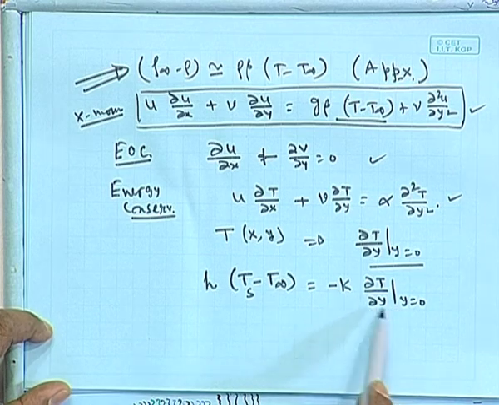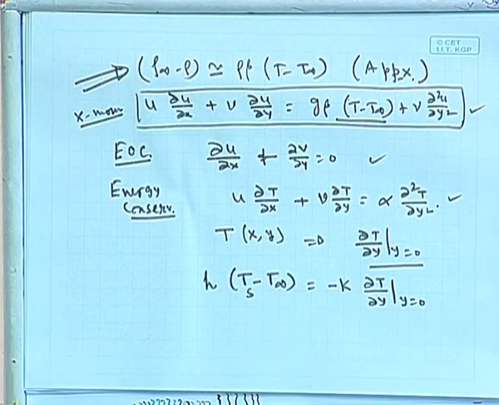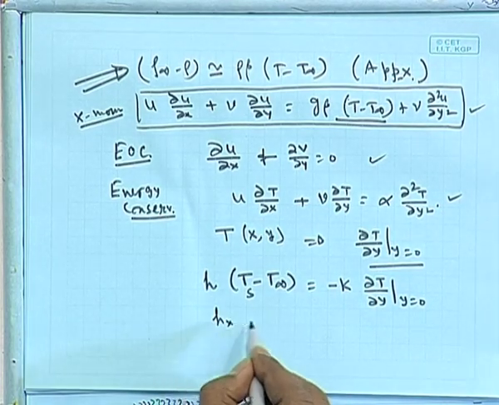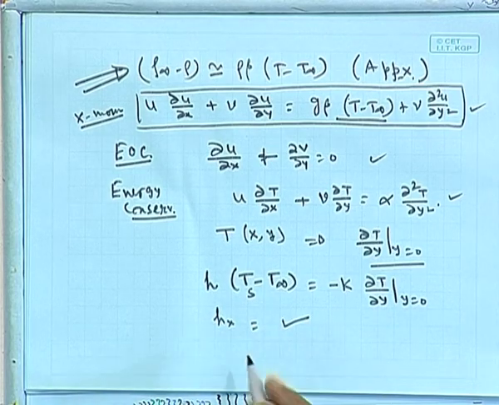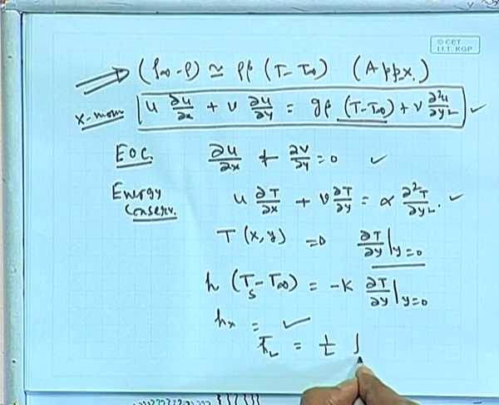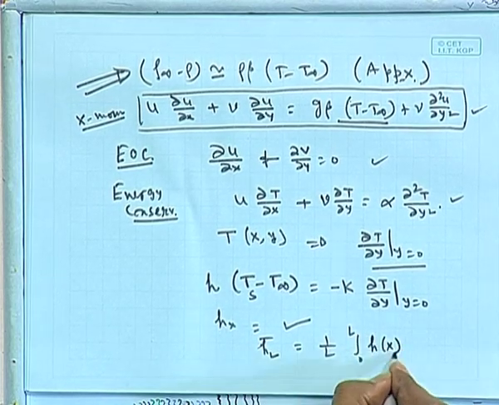Now, numerically you will be getting a value of del T del y at y equal to 0 for all x. So, you will be getting a local heat transfer coefficient, and finally, you will be getting a numerical value of the average heat transfer coefficient by simply doing a length averaging of this.